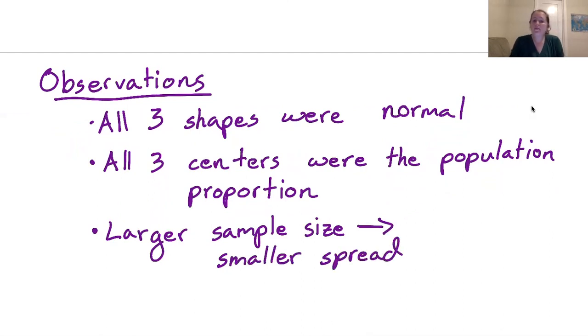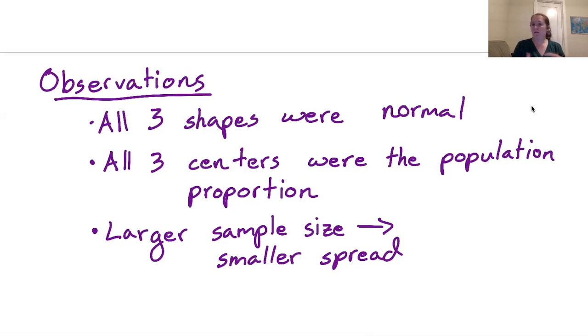So in some ways, these make sense. Whatever the population proportion is, say if 50% of the candies are orange, then we would expect some of our samples to be right at that 50%. We would expect some of our samples to have under 50% and some to have over 50%, but it would make sense that it would sort of hover around 50%.